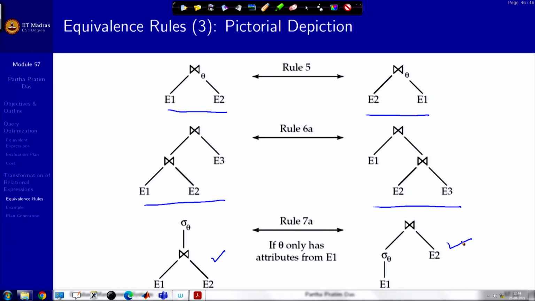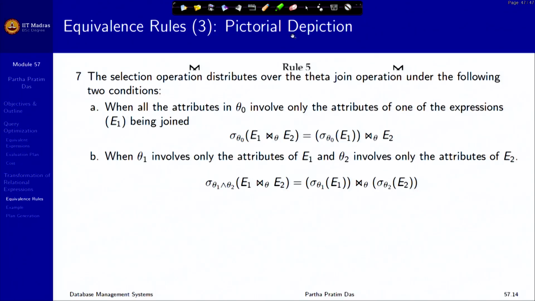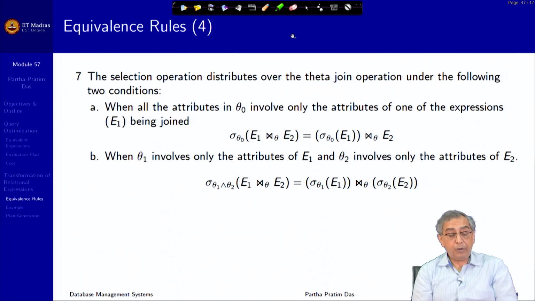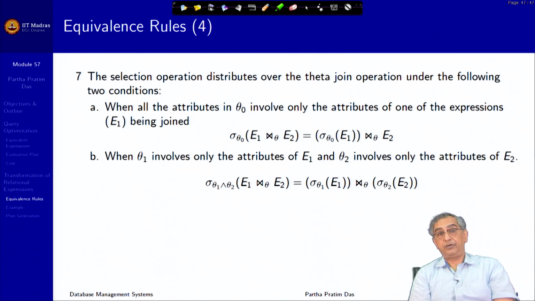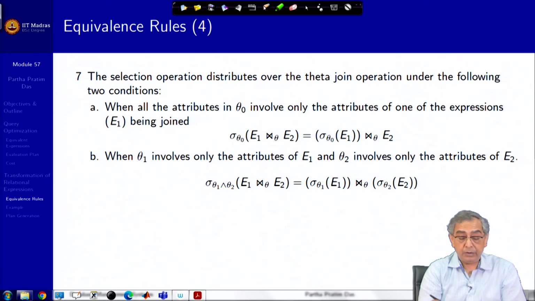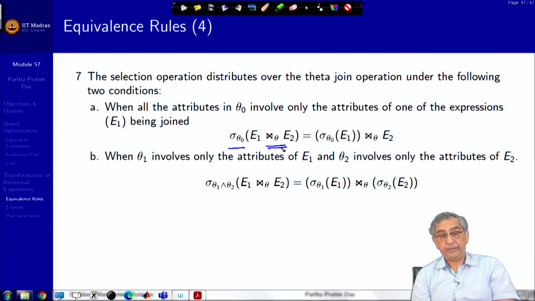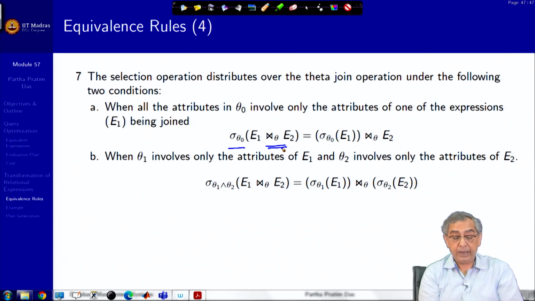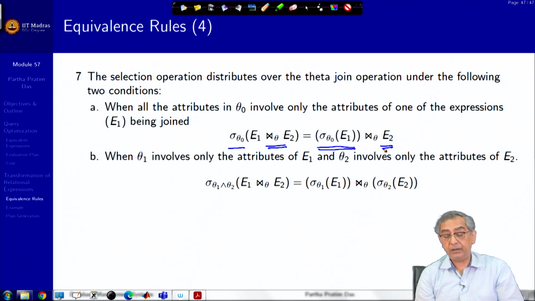You can draw them in terms of this tree for easier understanding. Okay, some more: the selection operation will distribute over theta join. So, selection operation distributes over theta join in a way that you can do the selection on the first relation and then do the theta join with the second.